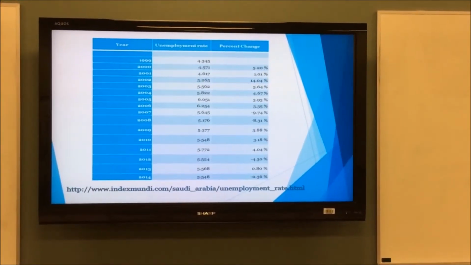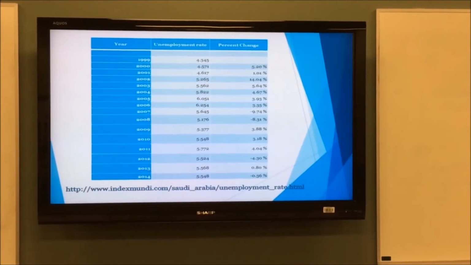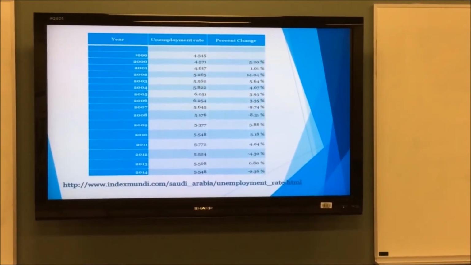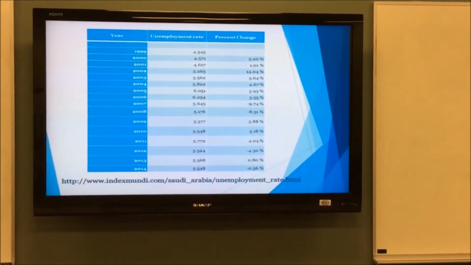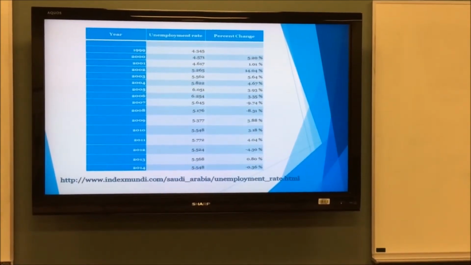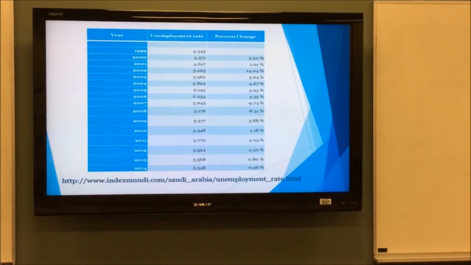Unemployment rate in Saudi Arabia remained unchanged at 5.70% in the fourth quarter of 2014, from 5.70% in the third quarter of 2014.